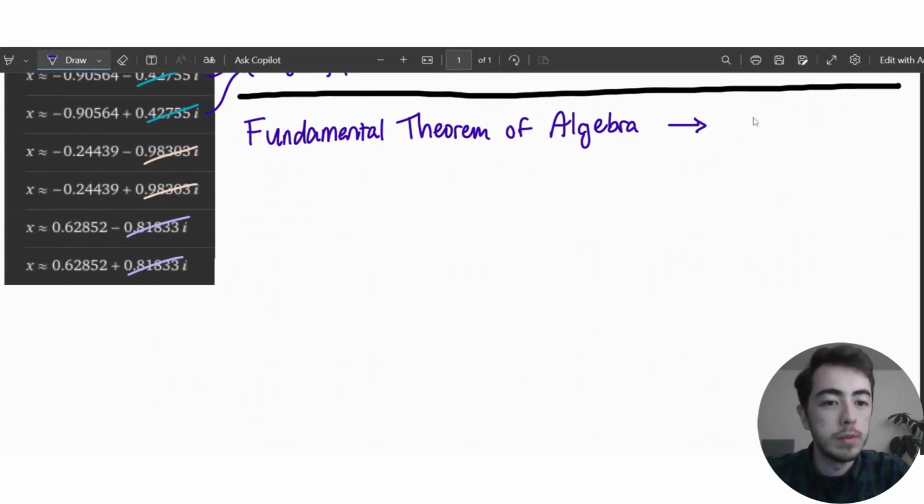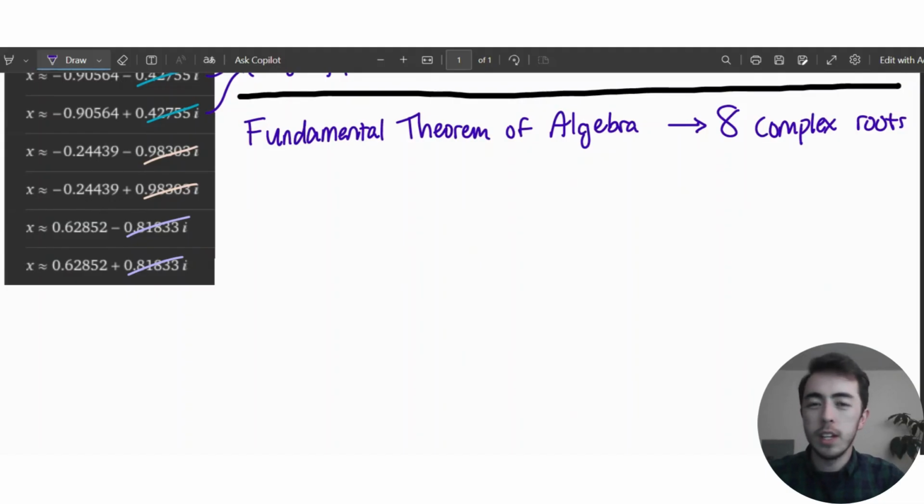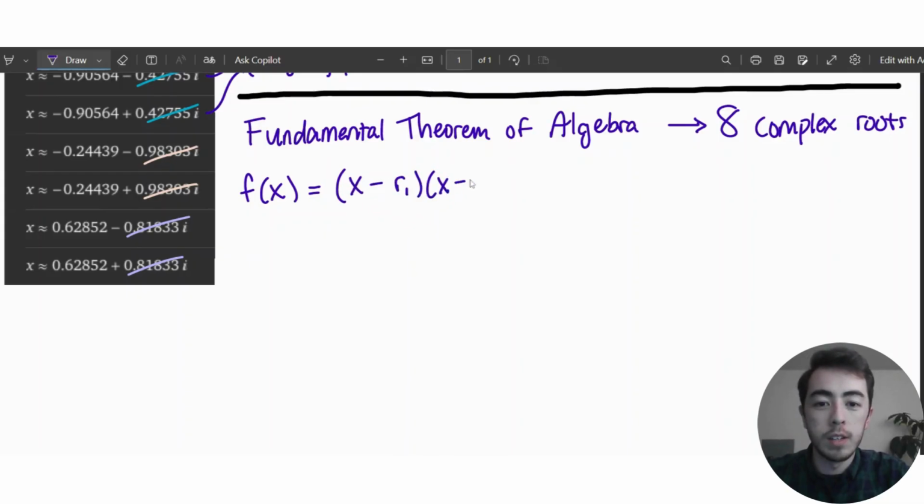And for this second way of solving it, I'll pretend that I don't know what they are just yet. However, I do know that if I wrote this degree 8 polynomial in factored form, I would have 8 factors, 1 for each of my roots. And it'll look like x minus the first root, x minus the second root, and so on and so forth.